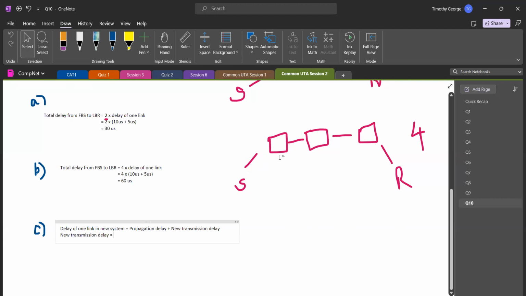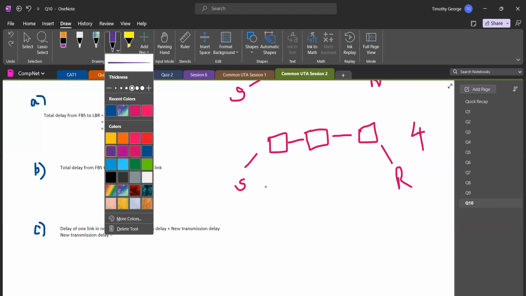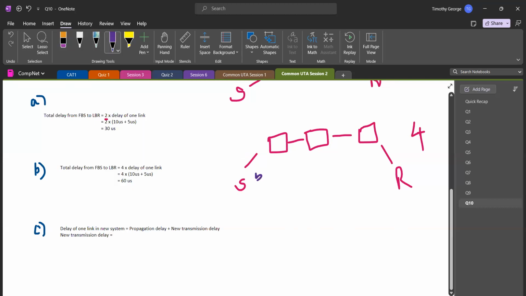In the first link, you're going to send the full 5,000 bits, so let's just write 5K.